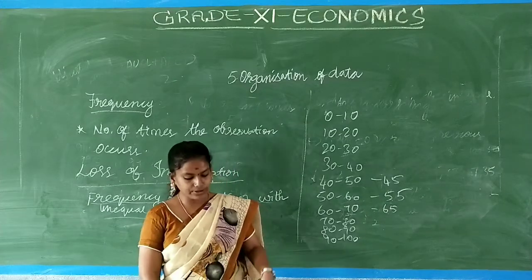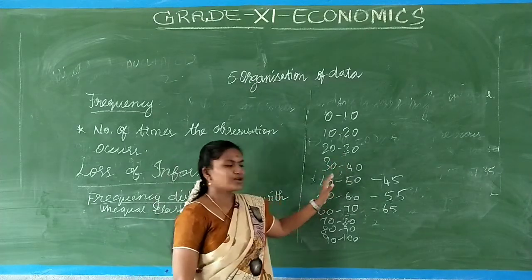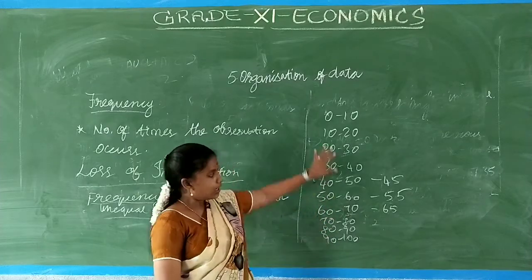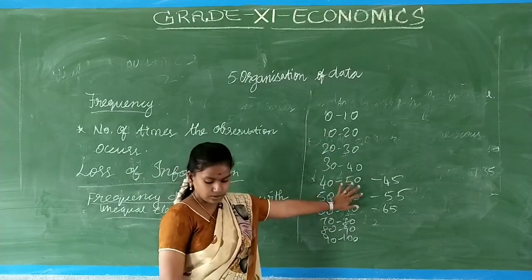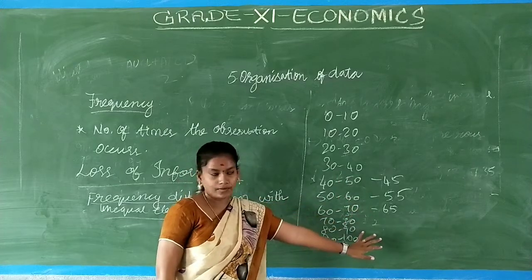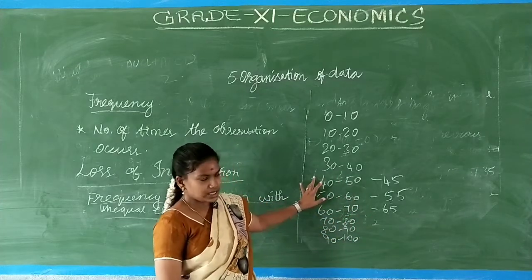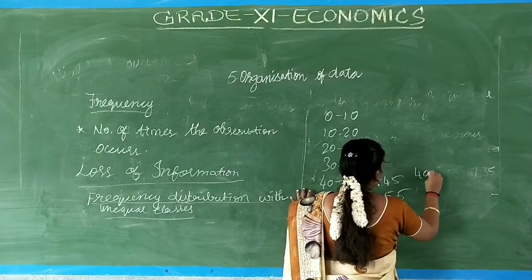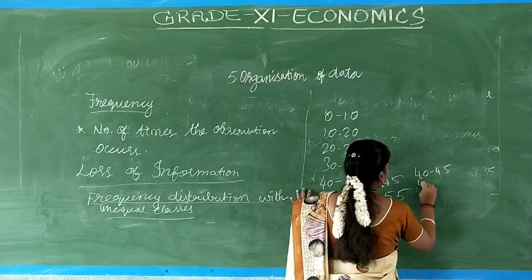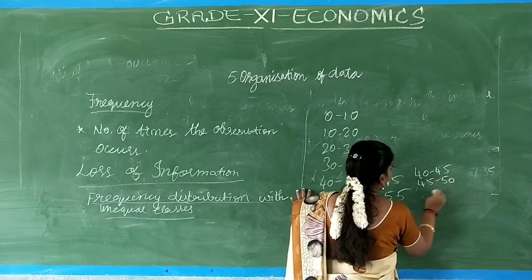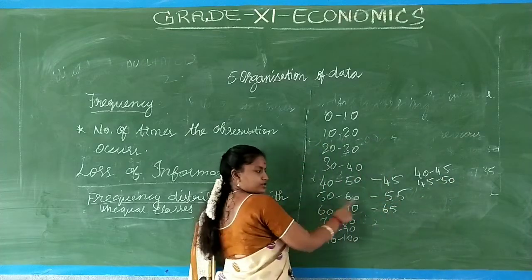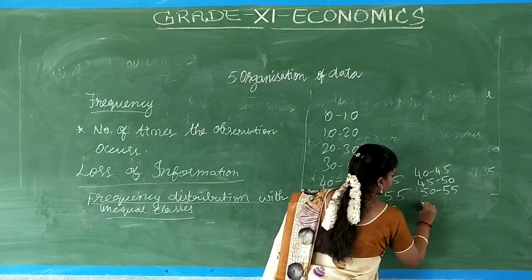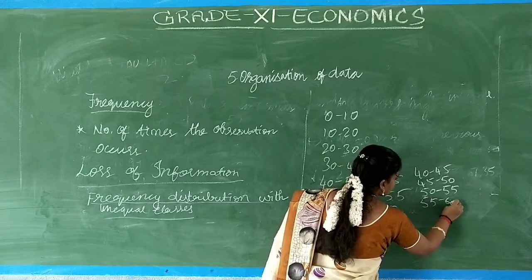How are we going to take it into account? We are going to divide this into unequal classes. From 0 to 10 up to 30 to 40 it is the same. This 40 to 50 we are dividing as 40 to 45, 45 to 50. Then the class 50 to 60 is also divided as 50 to 55, 55 to 60.